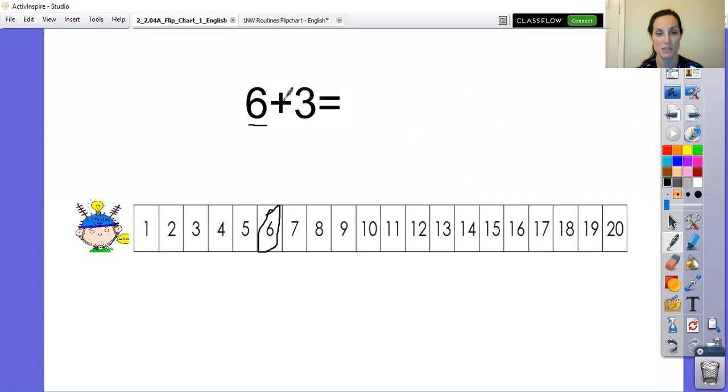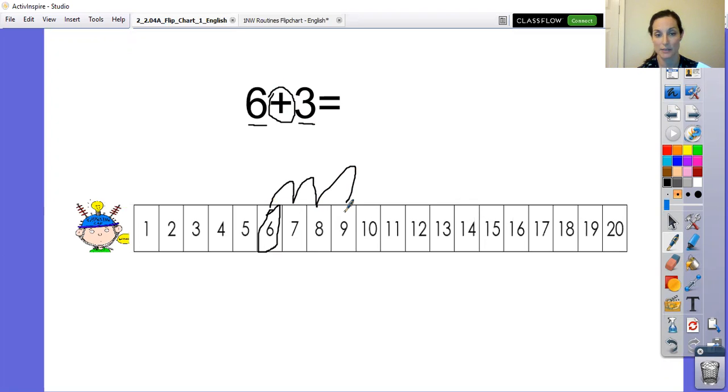Again, when you see the addition symbol, that means our number is going to get bigger. So that means we're going to go forward to the right. And how many are we going to count on? We're going to count on 3 more. So let's count. 1, 2, 3.